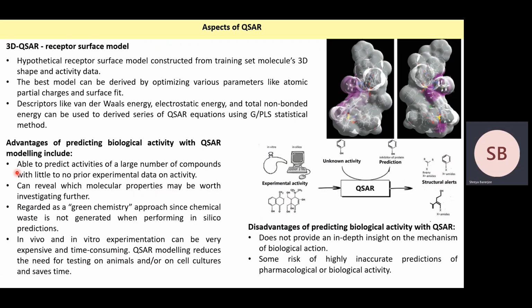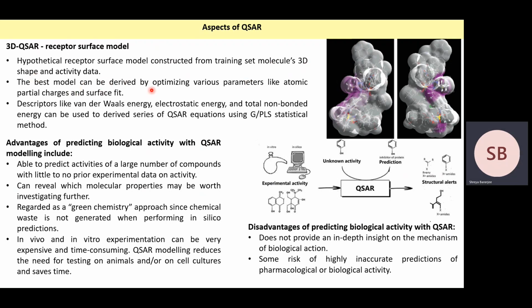Now, we will talk about 3D QSAR, which is basically a receptor surface model. A hypothetical receptor surface model is constructed from the training set molecules' 3D shape and activity data. 3D QSAR also predicts the activity, but it considers the structure in terms of the molecule's 3D shape.